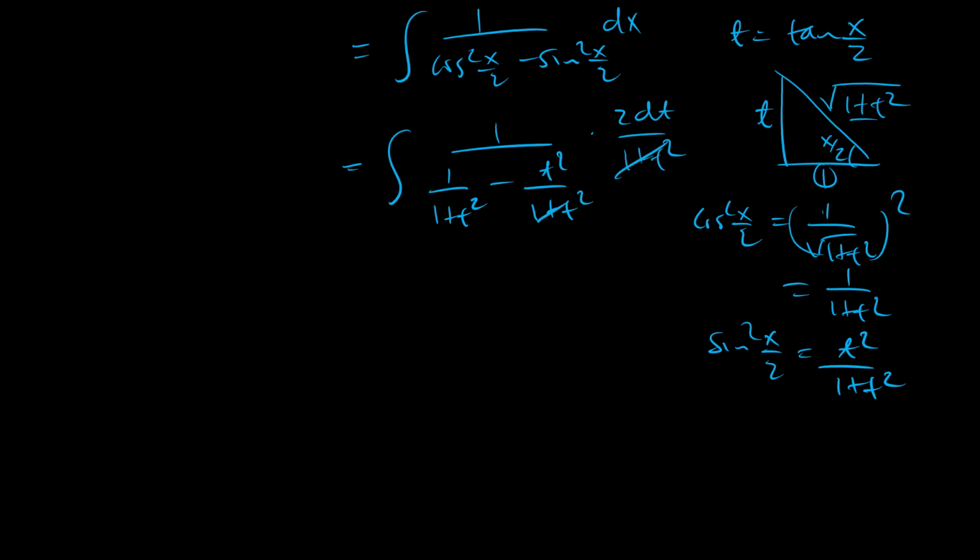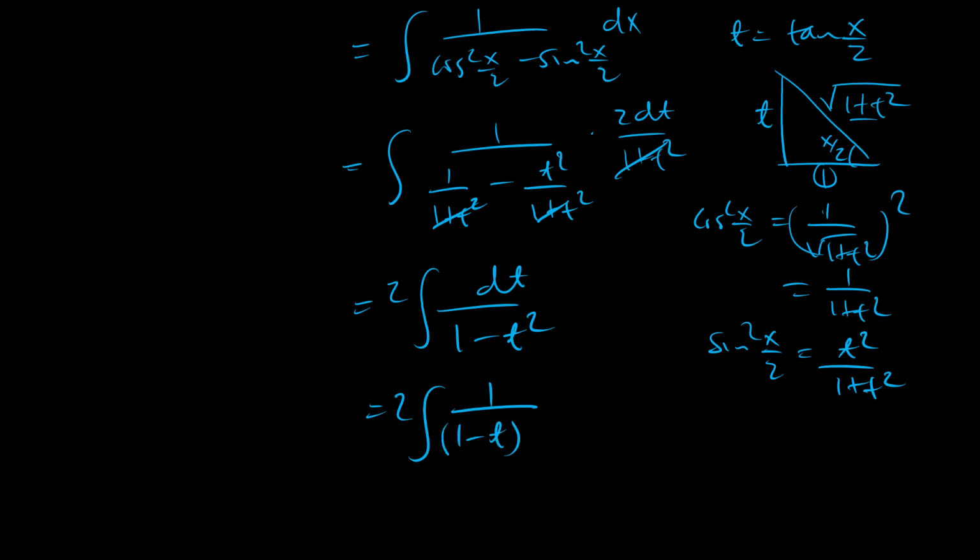We see this and that would cancel, so we have twice the integral of 1 over 1 minus t squared, and we can use the difference of two squares. We have 1 over 1 minus t, 1 plus t, and so partial fractions, we come with 1 over 1 minus t plus 1 over 1 plus t.